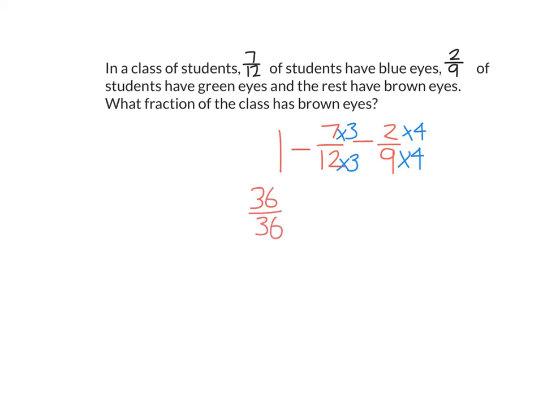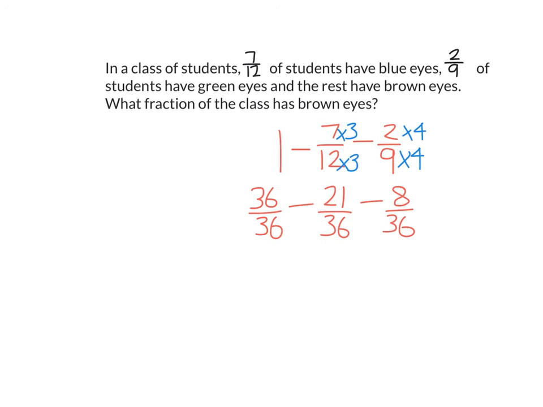So 36 over 36. So now let's go 7 times 3 gives me 21. 12 times 3 gives me 36. Now I do 2 times 4 is 8. So I'm subtracting this. And then 9 times 4 is 36. So I have 36 over 36 minus 21 over 36 minus 8 over 36.